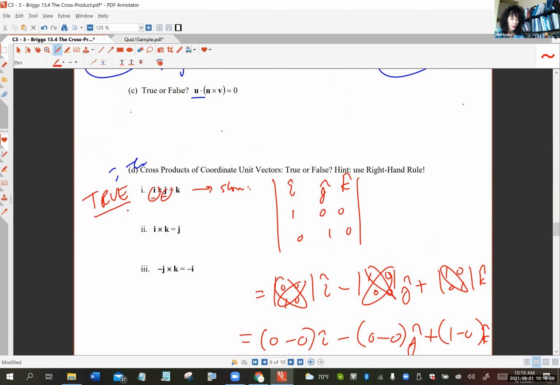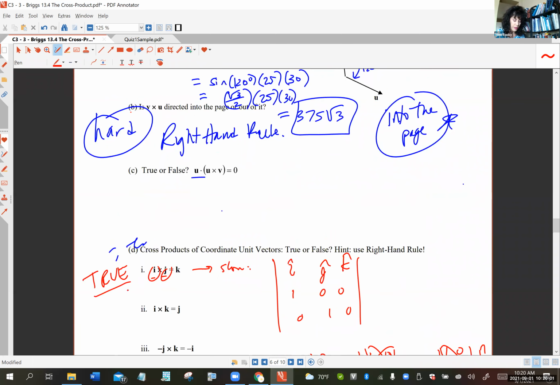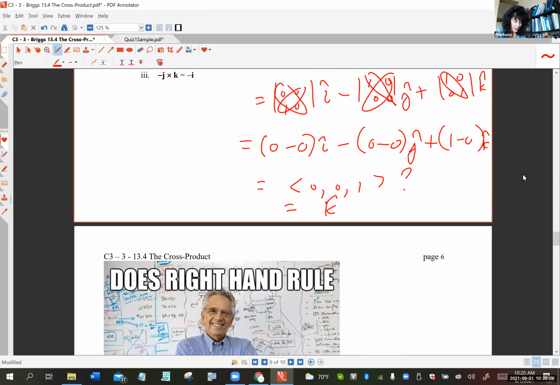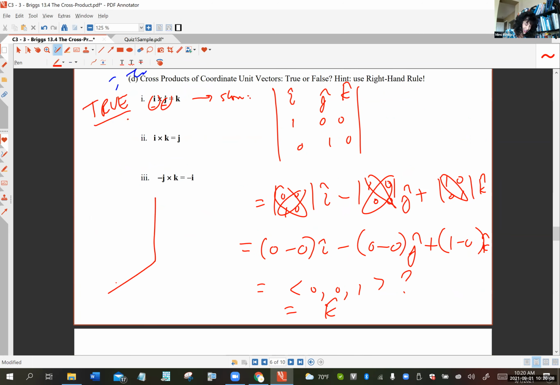You can test it with the right-hand rule. So if you go back to a sketch here, here's the x, here's the y, here's the z axes. Remember that i hat points in the positive x-axis direction, and j hat points in the positive y-axis direction.